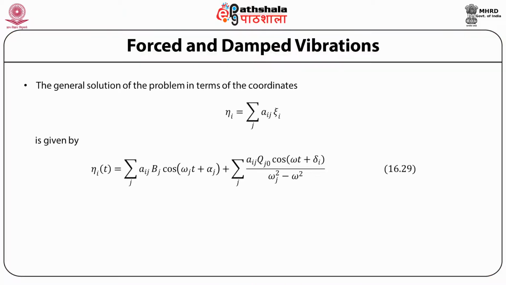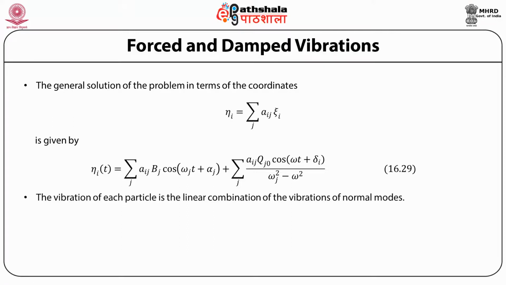Now the general solution of the problem in terms of the coordinates eta_i is equal to the sum over j of a_ij xi_j, so eta_i is the sum over j of a_ij b_j cosine (omega_j t plus alpha_j) plus the sum over j of a_ij Q_j0 cosine (omega t plus delta_j) divided by (omega_j square minus omega square).